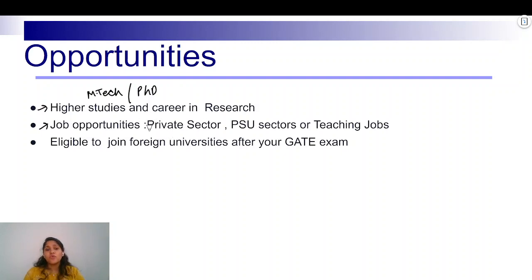Obviously you will get more private sector exploration, PSU sector, or you may get a teaching job once you clear the GATE and masters and you have done your PhD. And the third thing would be you will be eligible to join a few foreign universities after your GATE exam. So make sure, it's not all, but there are a few foreign universities that you are eligible for.